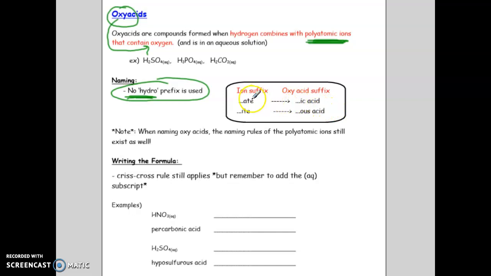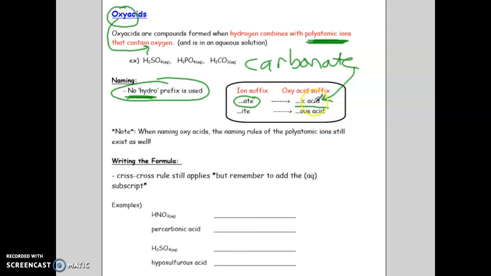So if the ending is ate, that means when it's an acid, it becomes ic acid. So for example, carbonate would become carbonic acid. If it ends with ite, it will become ous acid, O-U-S acid.